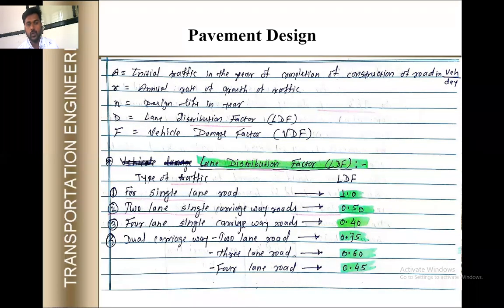Capital D is equal to lane distribution factor, that is LDF.